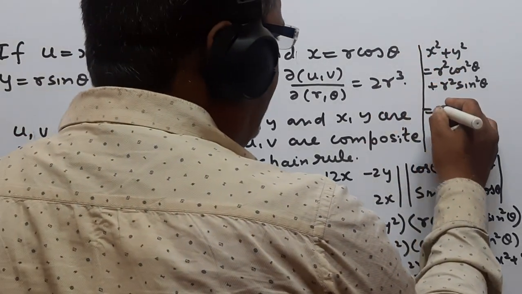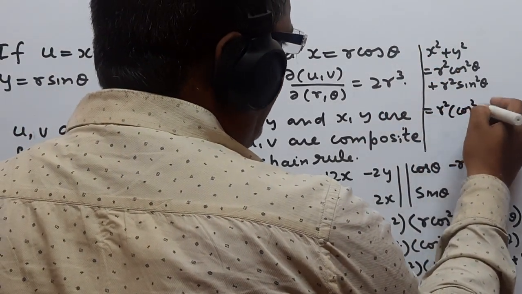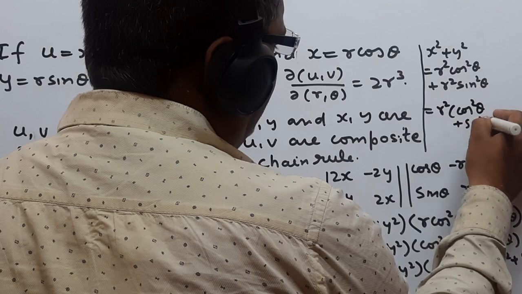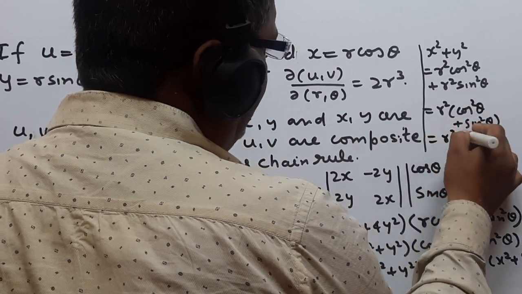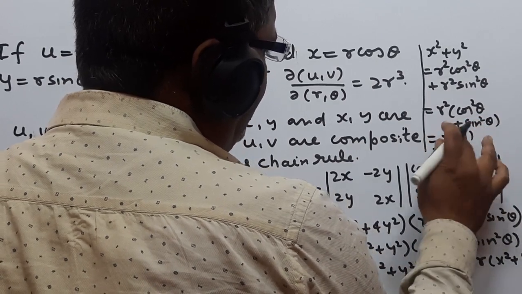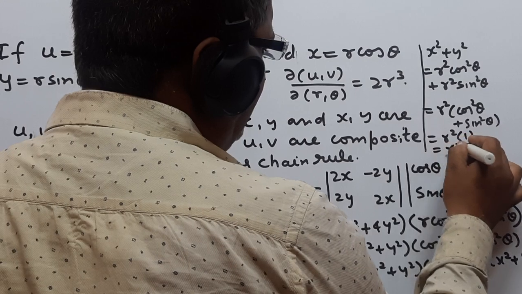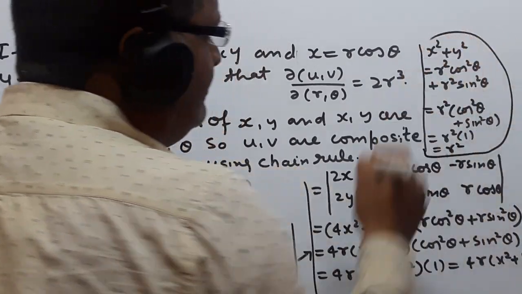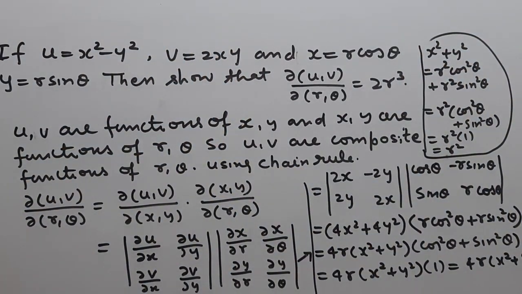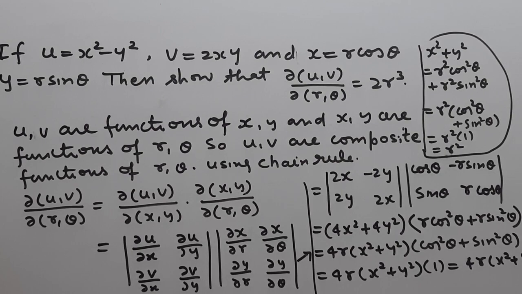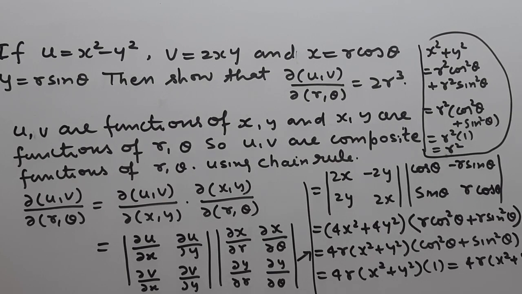Taking r square common, we get cos square theta plus sin square theta, which is 1, so this becomes r square. You can see that x square plus y square is equal to r square.